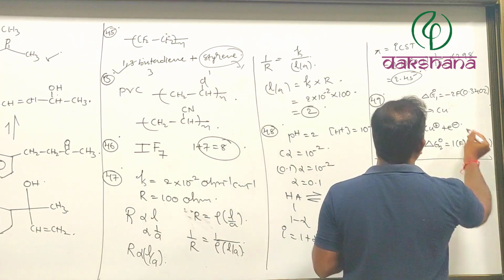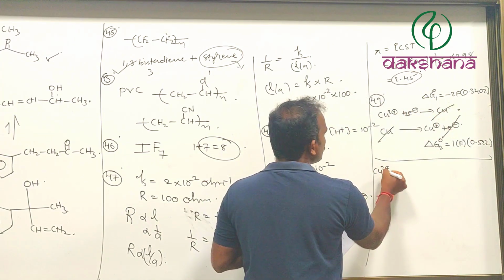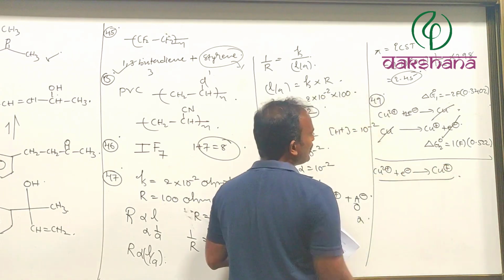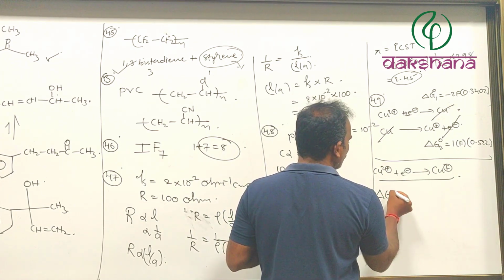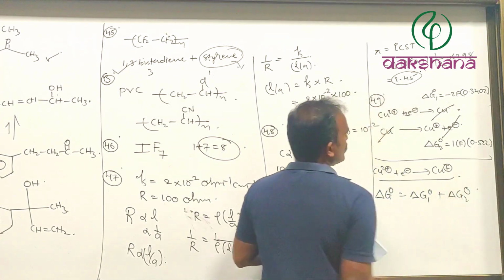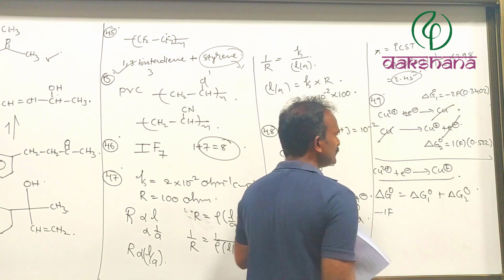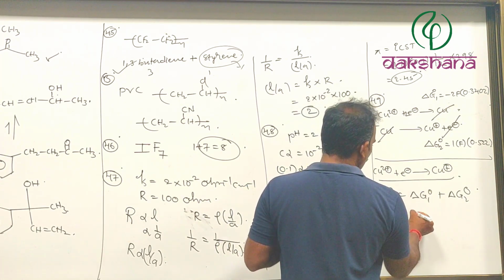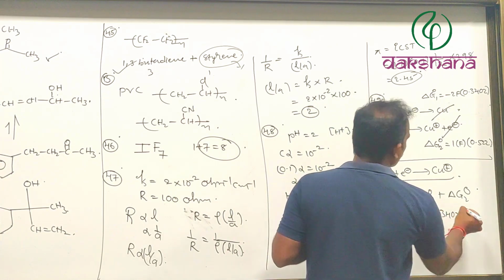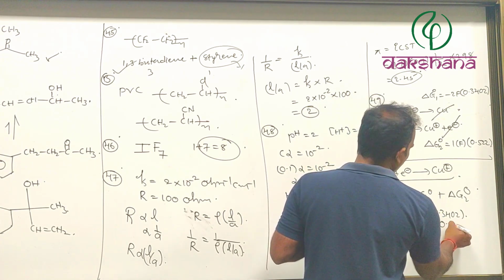Same problem we have done already in the class also; if you want, you can check. Here the electron gets cancelled and the copper gets cancelled. Now it is Cu2+ plus an electron gives rise to Cu+. The reaction ΔG naught is equal to ΔG1 naught plus ΔG2 naught, that is minus 1 into F equals minus 2F into 0.3402 plus 1 into F into 0.522.